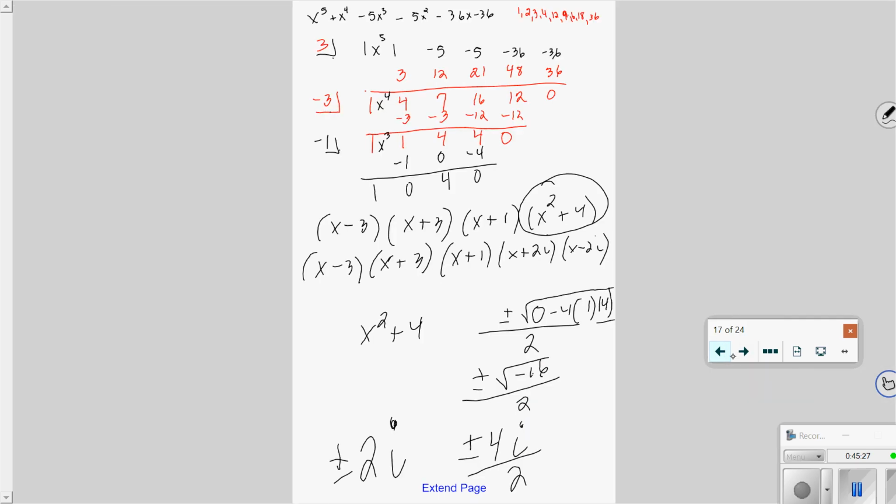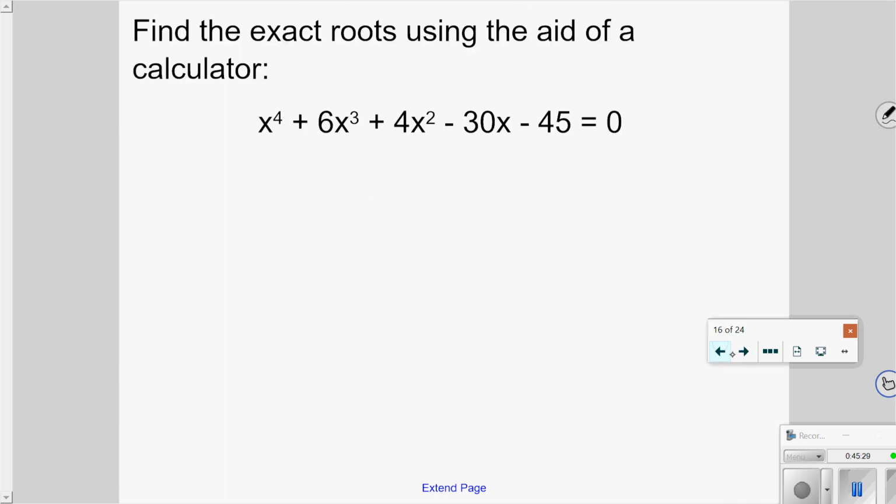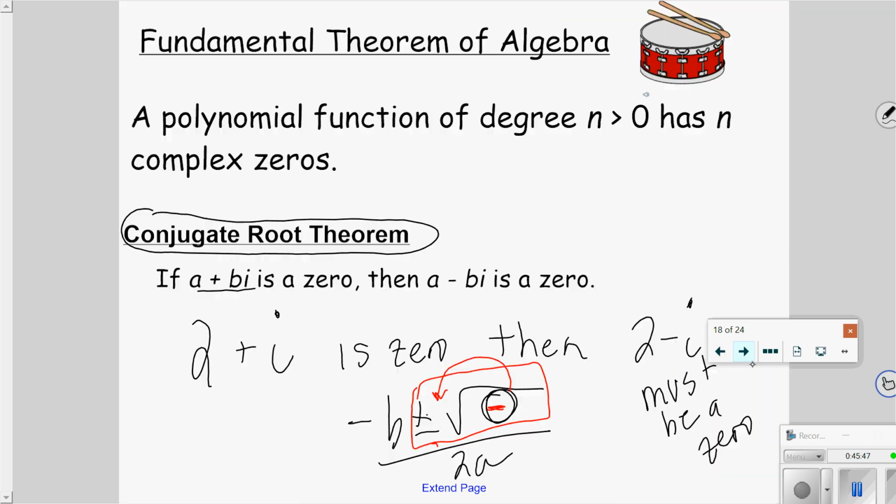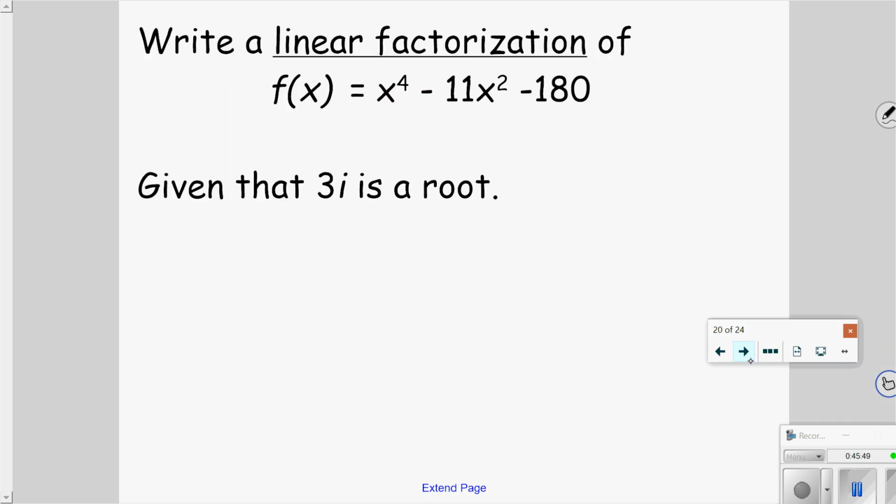I purposely wrote this one. I am giving you this step right here, and I want you to get the original problem. The other class said it was so much easier, and I totally agree with them.